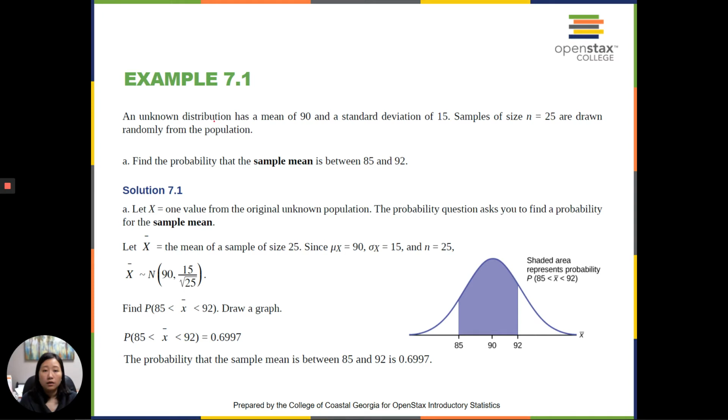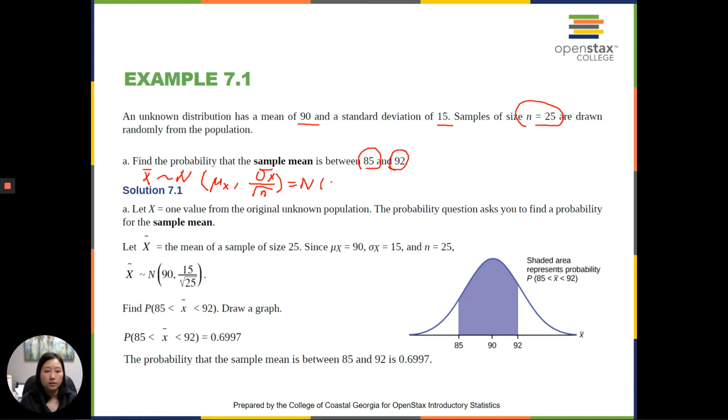Quick example: an unknown distribution has a mean of 90 and standard deviation 15. Samples of n equal to 25 are drawn randomly from the population. Find the probability that the sample mean is between 85 and 92. First of all, let's calculate mu x. The sample mean x bar should have a normal distribution with mu x and sigma x divided by the square root of n.